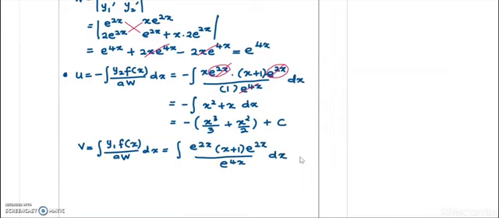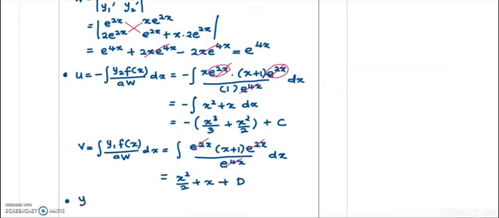Don't forget the dx here. Similarly, these exponents can be simplified with the denominator. So what we have eventually is the integral of x + 1, which is x squared over 2 plus x. Put some constant d here.